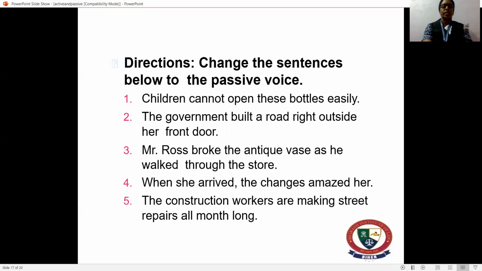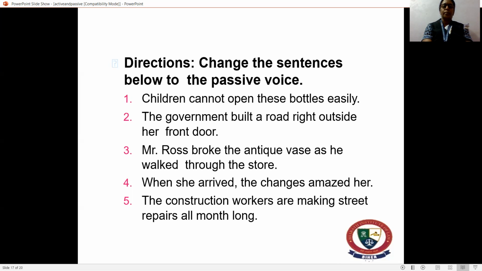Some more sentences which are in the active form. Students are instructed to change them to the passive form. I'll read out those sentences. Children cannot open these bottles easily. Next sentence.